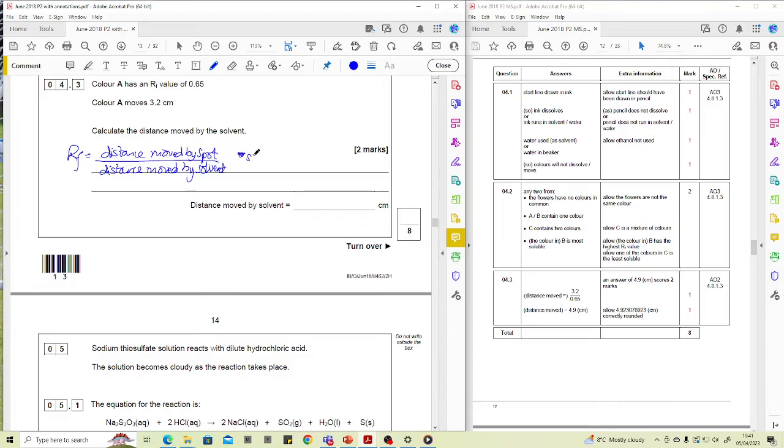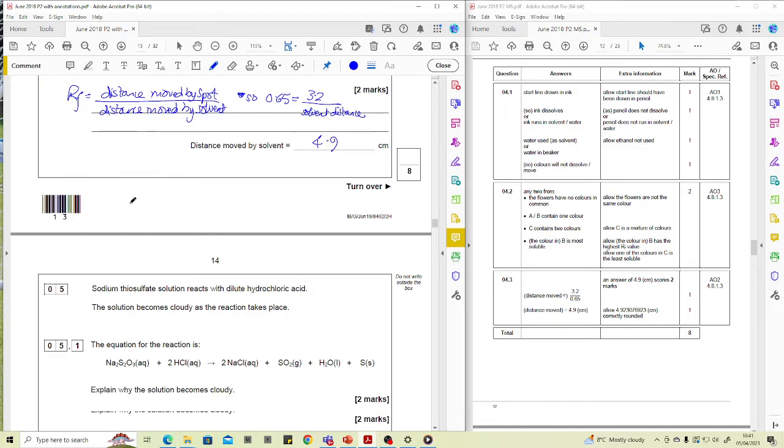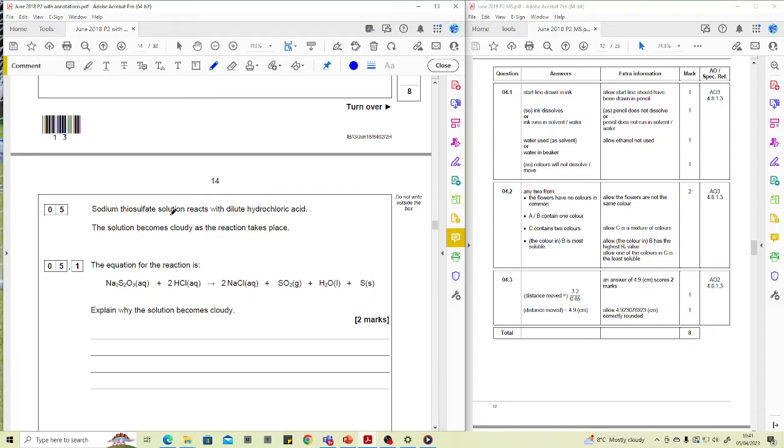So 0.65 equals 3.2 over solvent distance, and rearrangement leads to 4.9, same number of decimal places, or same number of significant figures.